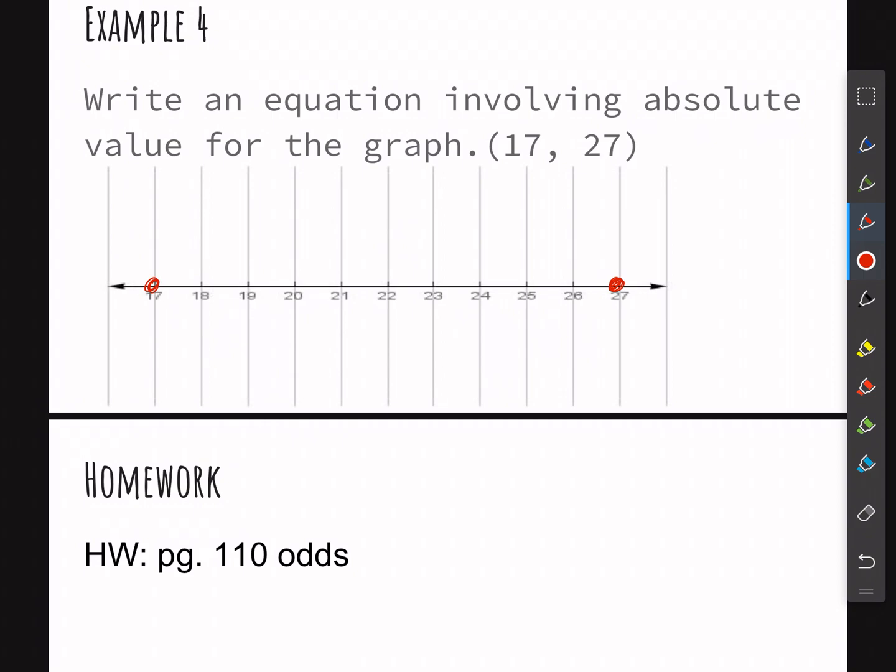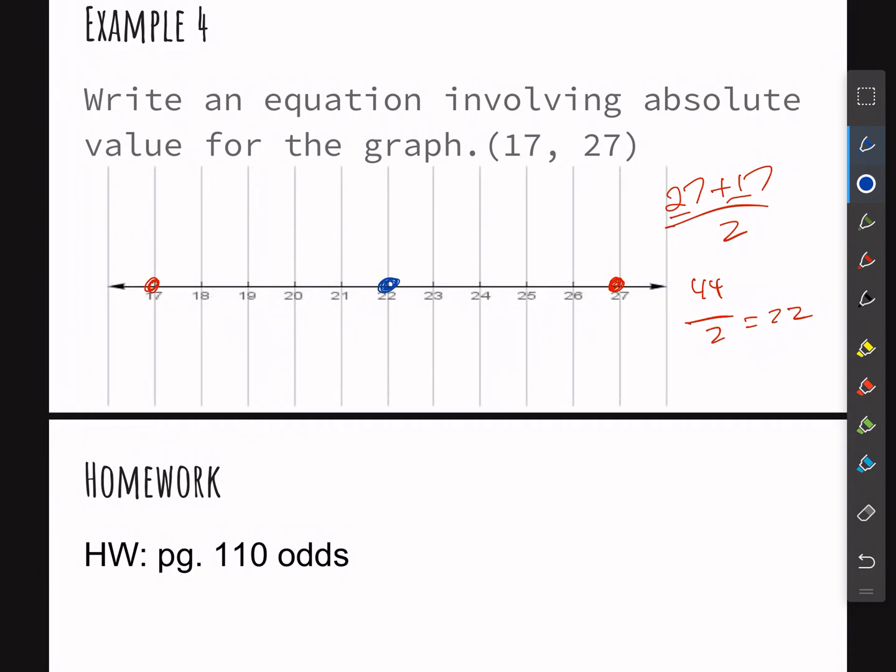Okay, so what we have to do is we have to find the midpoint. So to find the midpoint, we're going to take 27 plus 17 divided by 2. If I add those two together, I think it's 44, right? So it's 30 plus 14, which is 44, divided by 2, which is 22. So 22 is the middle number, which looks good, right? That looks like the middle.